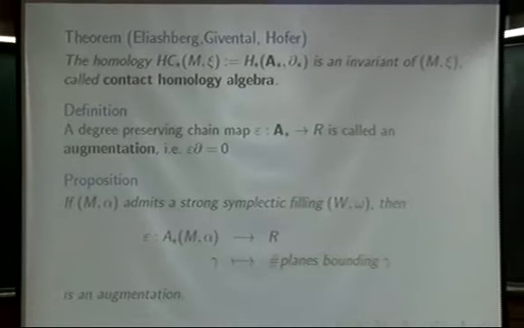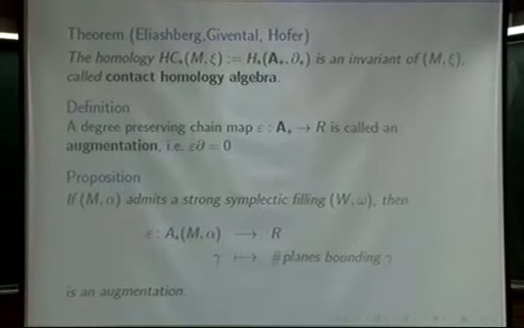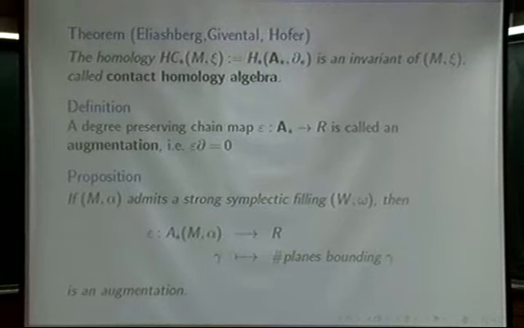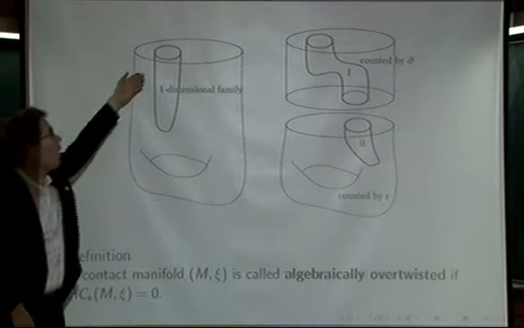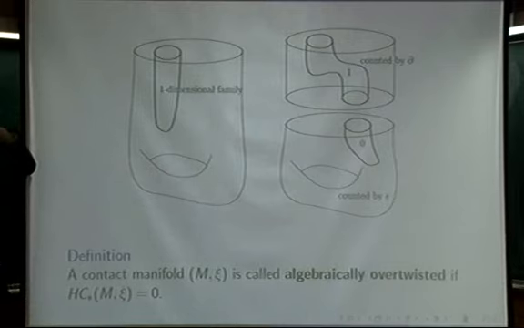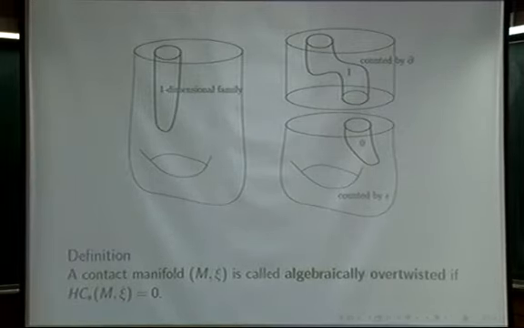Let me give a sketch of the argument. What I wrote down only works if it's not just a strong filling but an exact filling. So why do we get a chain map? That's the main problem. Let's look at a one-dimensional family of planes in the filling.